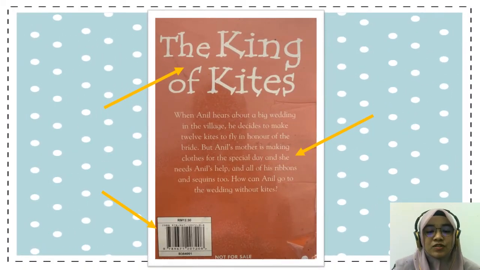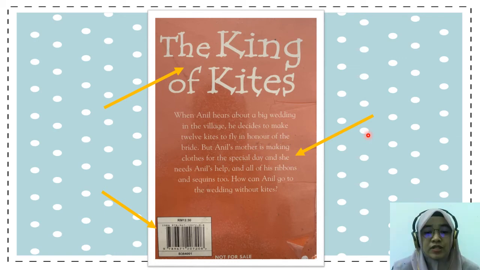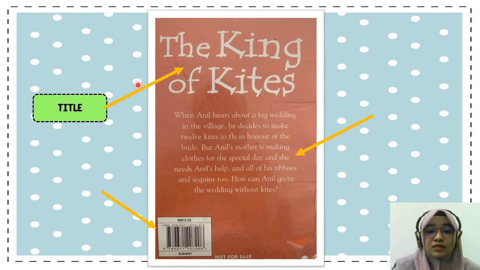Next, let's continue with the back of your book. It also delivers some information which is very important for you to know about the book. The first one is the title, The King of Kites. Next, the second is synopsis.